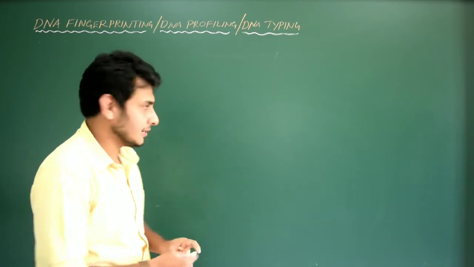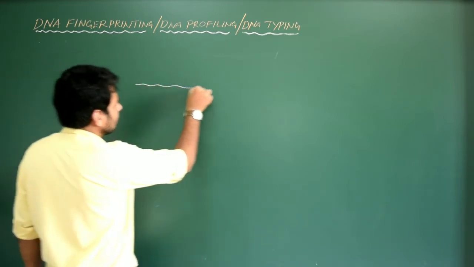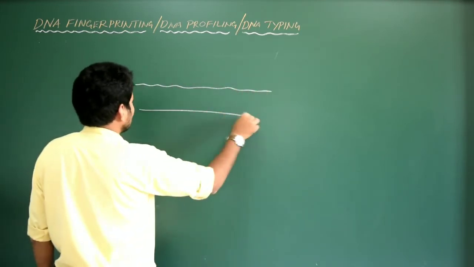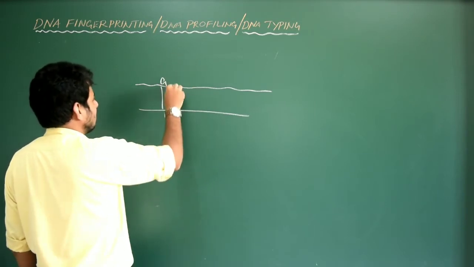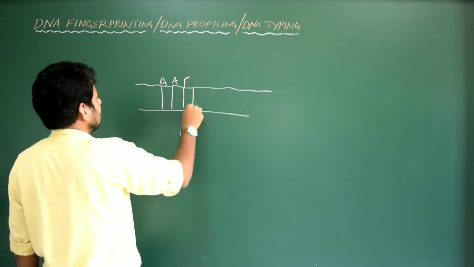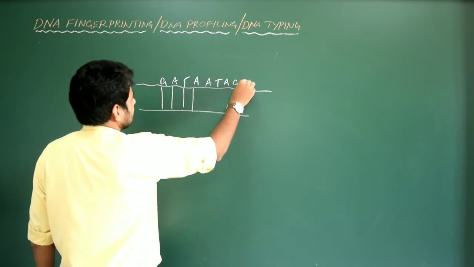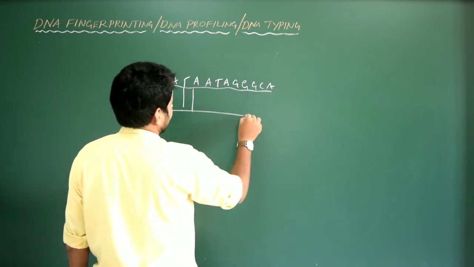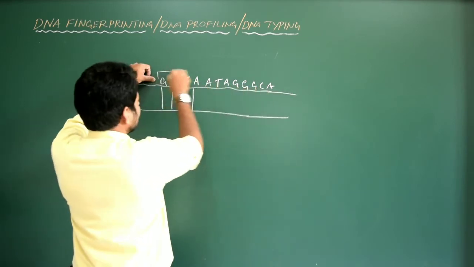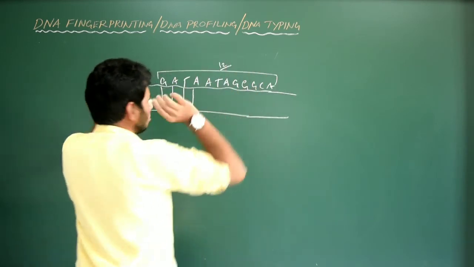What is the reason behind it? The reason is very simple. For example, this is my DNA. Let me just write one stretch. Repeat: GATA, GGCA. How many nucleotides are there here? I think 12 nucleotides.